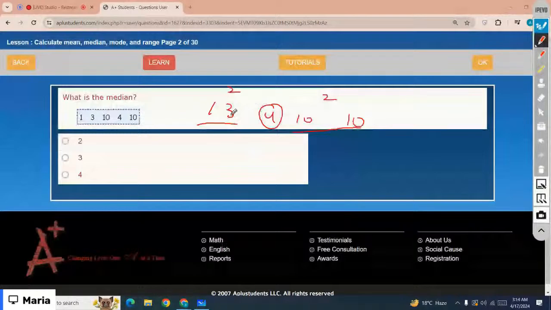The numbers right before the median are less than the median, and the numbers after the median are greater than the median. Got it? So the correct option is 4. 4 is the median.